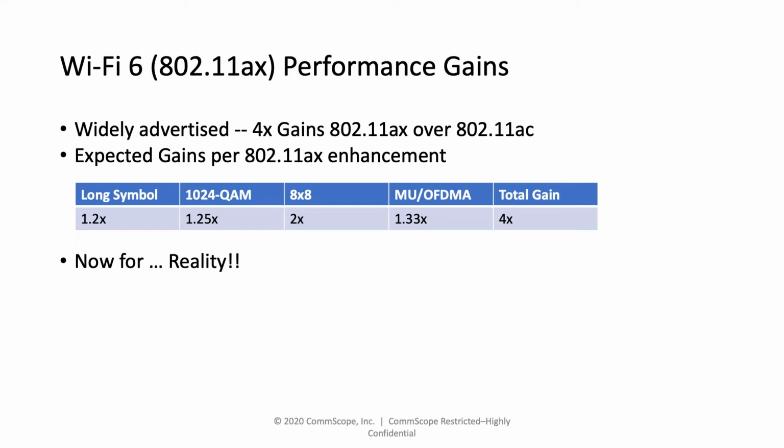So the long symbol gives you 1.2 times, 1024 QAM gives you 25% more, or 1.25 times. 8x8 multi-user MIMO gives you double the 4x4 we had before. OFDMA gives you a 33% increase. So if you add all those together, the theoretical gain is 4 times, at least according to the marketing folks.